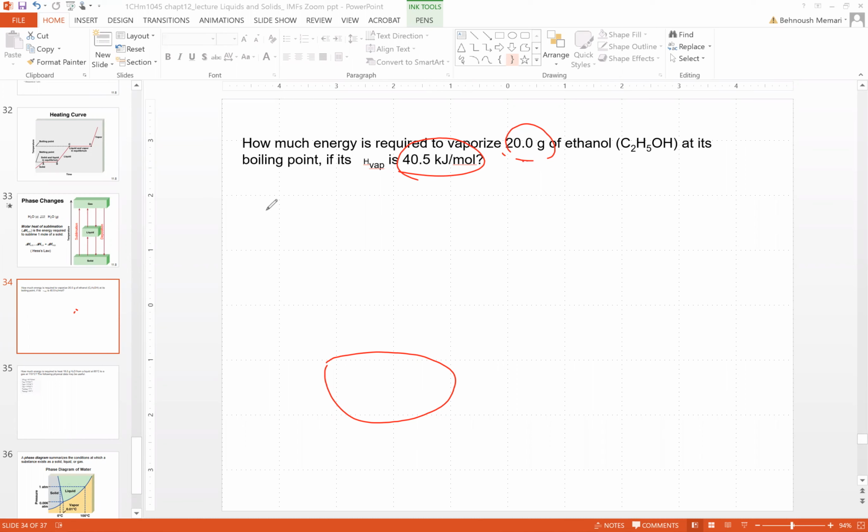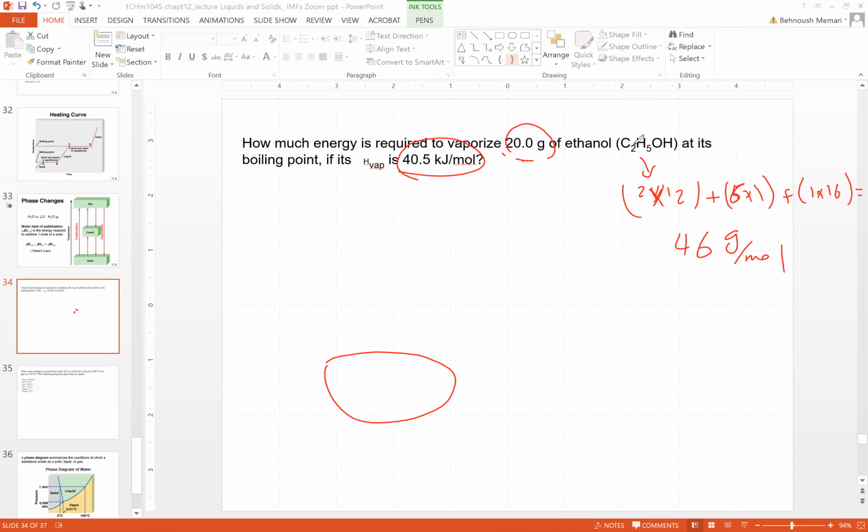To change to number of moles, we need the molar mass for ethanol, and that is 2 times 12 for carbon, plus 5 times 1 for hydrogen, or 6 times 1, because we have another hydrogen here, plus 1 times 16 for oxygen, and that adds up to 46 gram per mole.